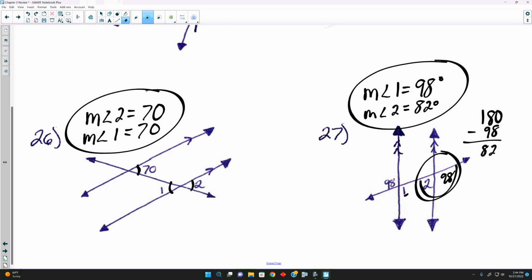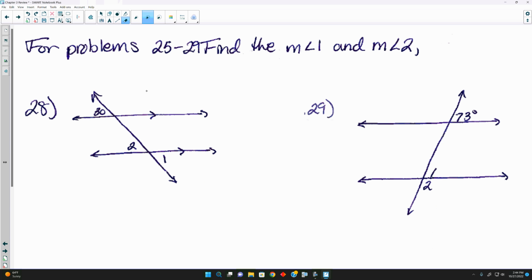Okay. Questions on 28 or 29? 29. So, what do we know about 73 degrees and angle 1? Corresponding. So we know the measure of angle 1 is 73 degrees. And really it works out, if the angles aren't congruent, they're going to be supplementary.